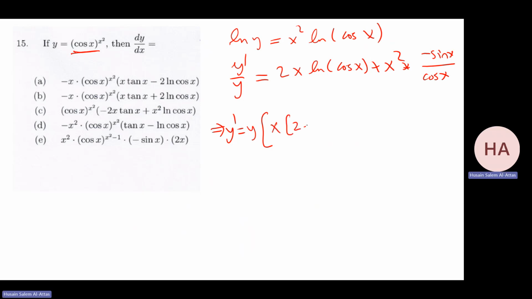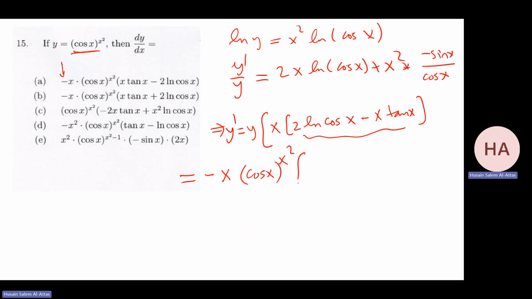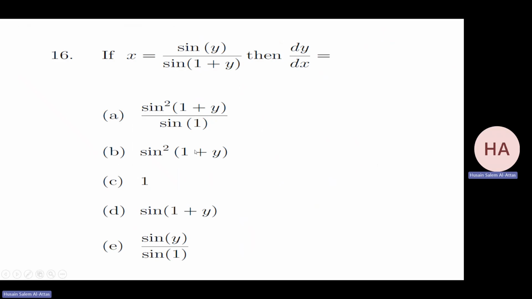The remaining is 2 ln cosine x minus x tan x. Since there is a minus sign, it's minus x times y, which is cosine x to the power x squared, multiplied by (x tan x minus 2 ln cosine x), which is this one. That will be the answer.